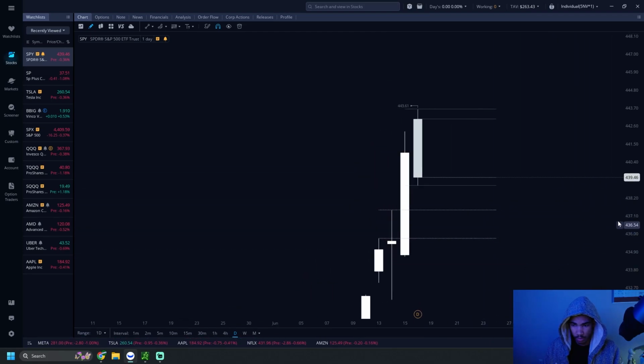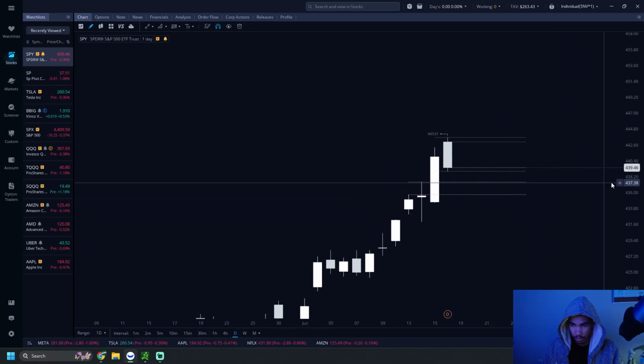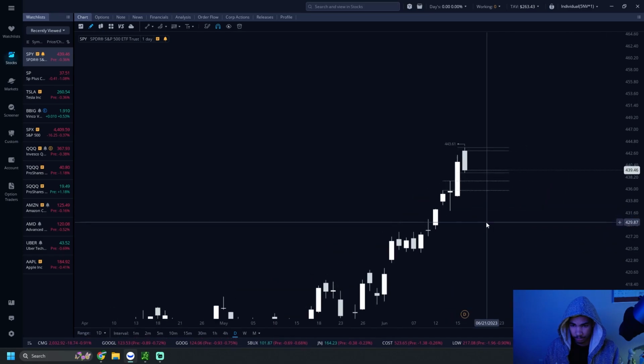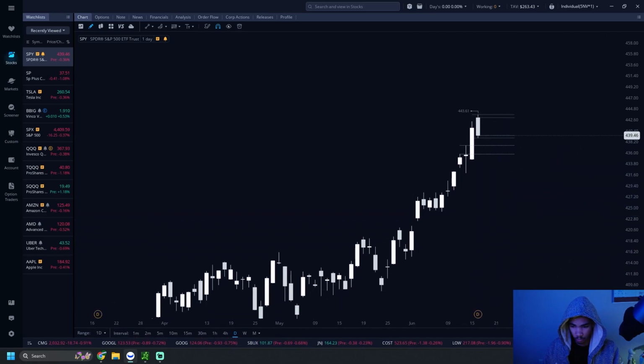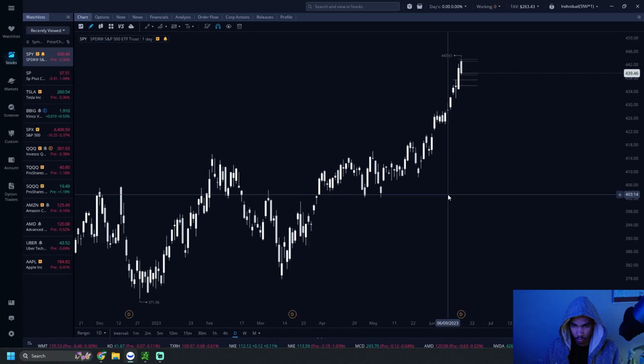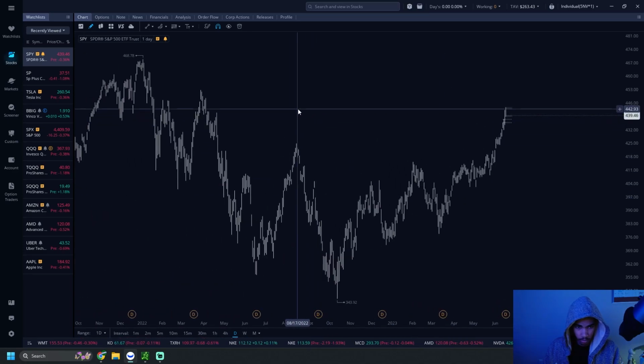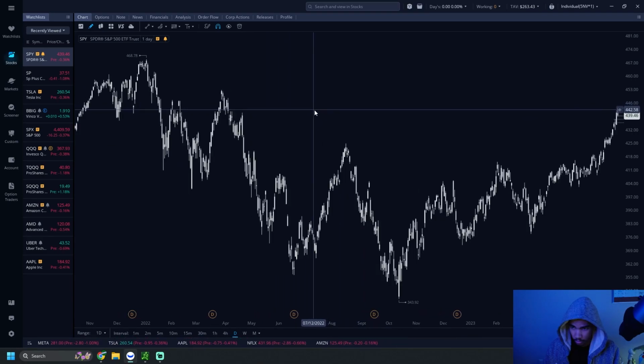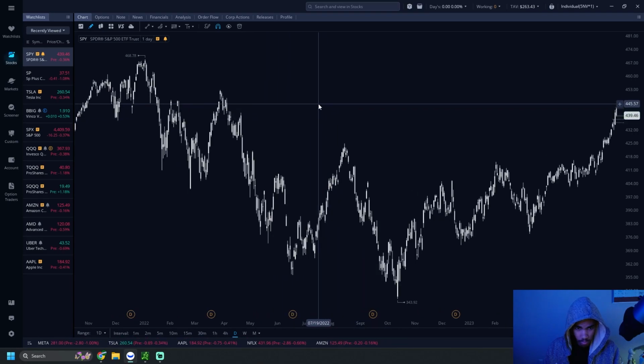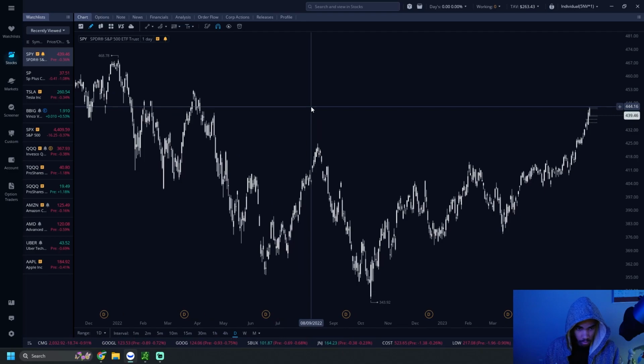All right, let's zoom out so we can get some levels above. Levels above are pretty far out too. All right, it looks like our next area is 4 levels, right?